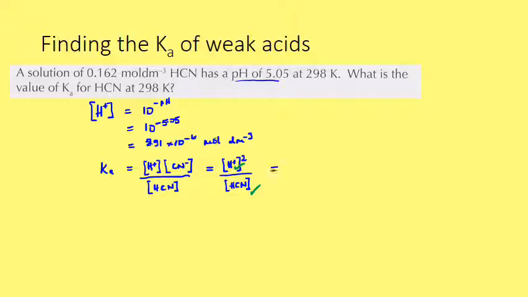Let's do that. So from above, we can see that H plus concentration is 8.91 times 10 to the minus 6. We're going to need to square that. And from the question here, we can see that the HCN concentration is 0.162.